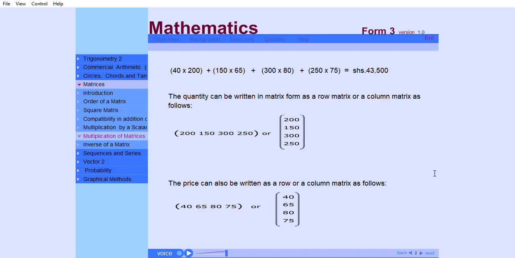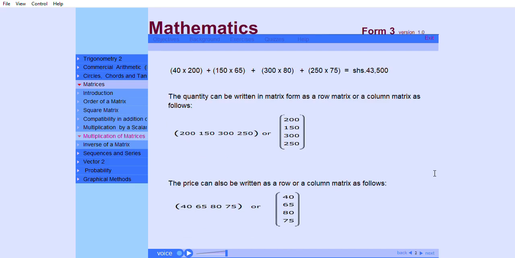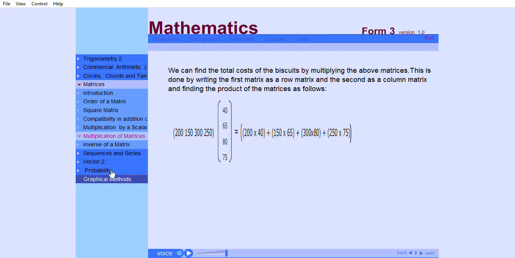We can work out the following total price as follows. (200 multiplied by 40) plus (150 multiplied by 65) plus (300 multiplied by 50) plus (250 multiplied by 75) is equal to 43,500 Kenya shillings.